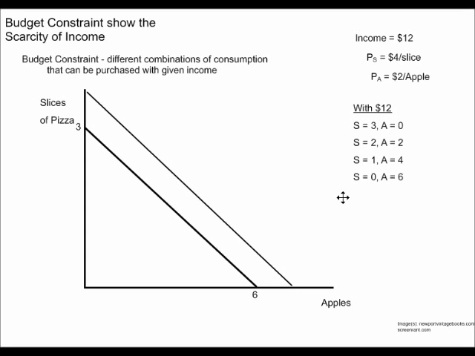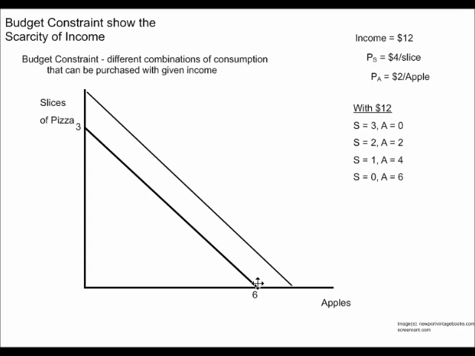If we took this idea and put it back into that graph similar to what we used with the indifference curves, we were measuring pizza vertically and apples horizontally, right? This line right here is a line that describes these 4 points. That vertical intercept up here represents 3 slices of pizza and no apples. That would cost $12.